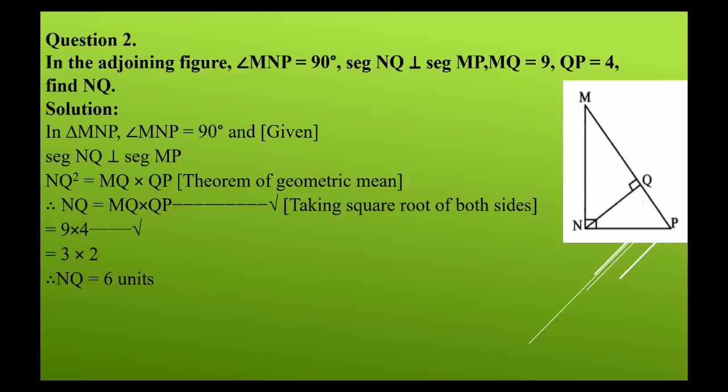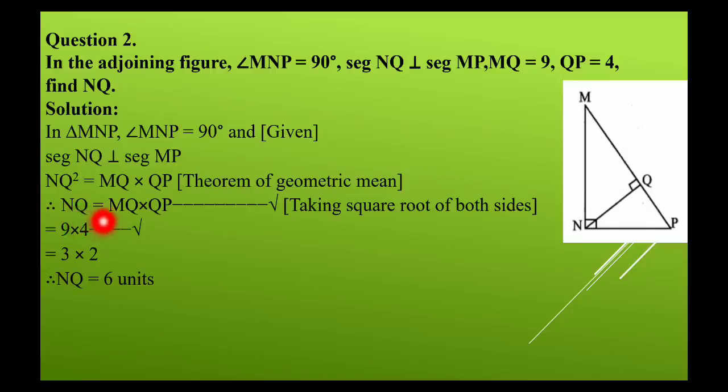Solution. Don't forget to write given and to find before solving the sum. In triangle MNP, angle MNP is equal to 90 degrees, given. Segment NQ is perpendicular to segment MP, that is also given. So we know the theorem of geometric mean, that is NQ square is equal to MQ multiply QP.